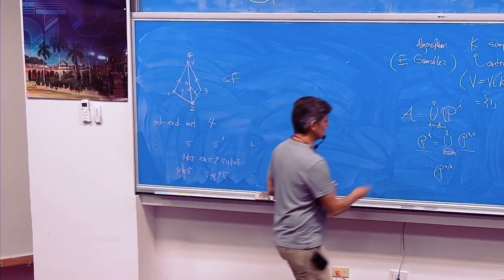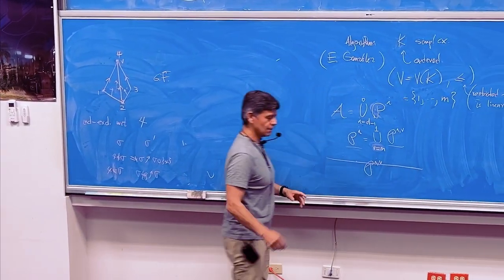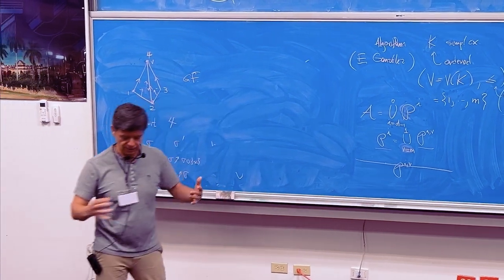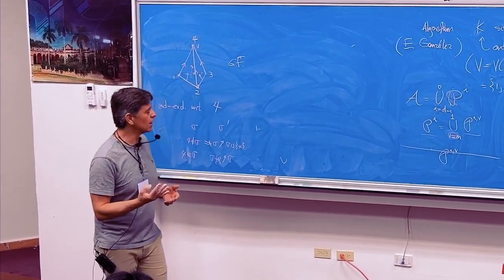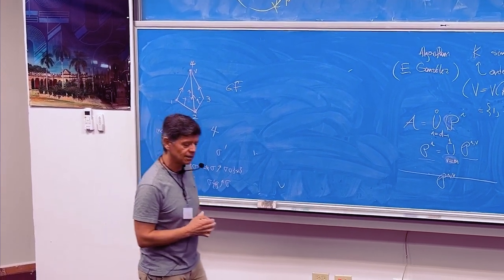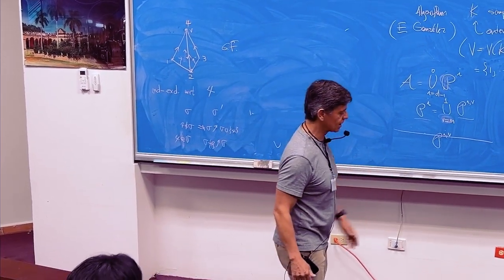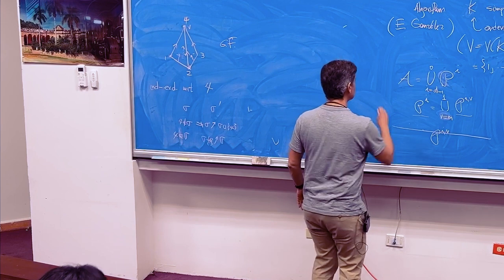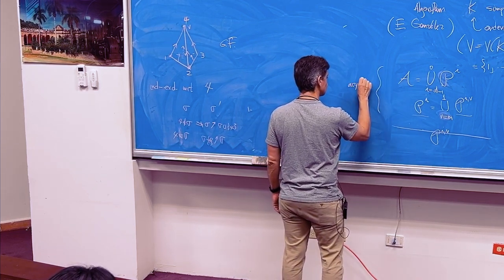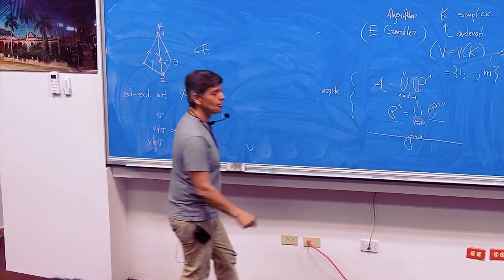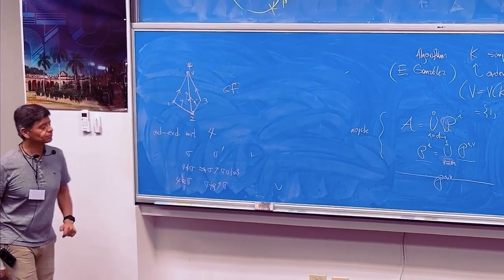And that's it. That produces a list of pairings, which you can prove. It's a little bit technical, but not very complicated. You have to do things carefully, but it is acyclic. So this algorithm produces an acyclic gradient field.